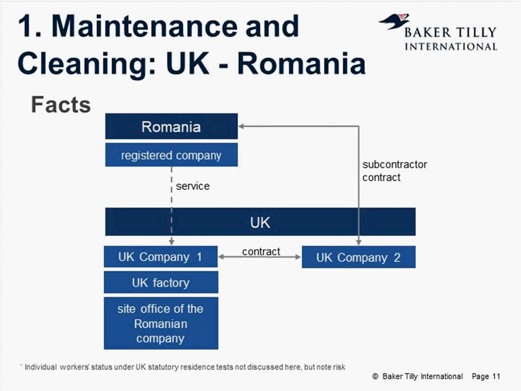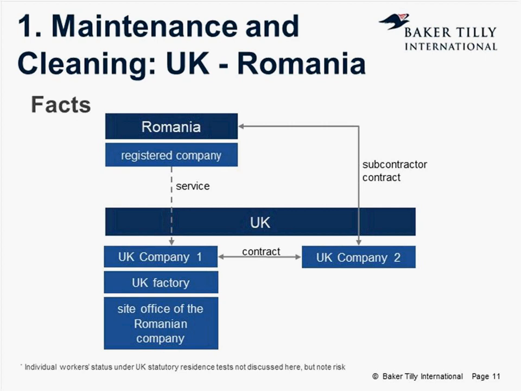The company had contracted with a UK company that enters into contracts with third-party clients to provide these UK-based maintenance services. And subsequently, the UK company subcontracts the services to the Romanian company. The company was interested in whether they have any risks of creating a permanent establishment in the UK.